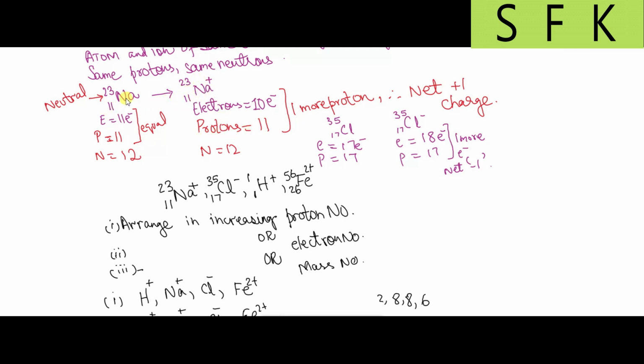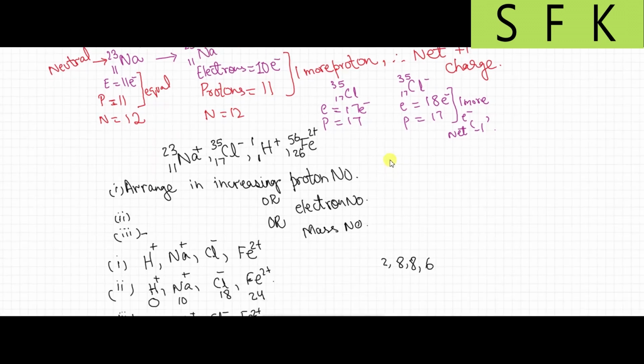The proton number doesn't change, so the protons have become one greater as compared to the total electrons. So the net charge becomes plus 1 over the entire atom, resulting in the formation of a positive ion. The neutrons also remain the same, and the neutrons have no role in the charge because they are electrically neutral.